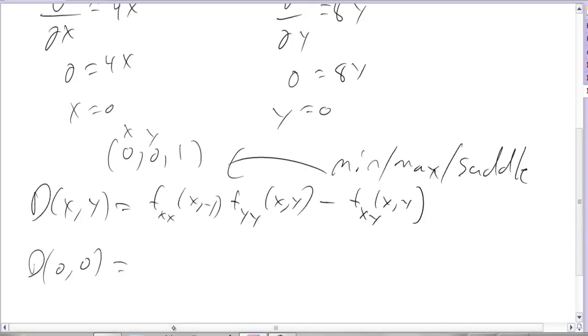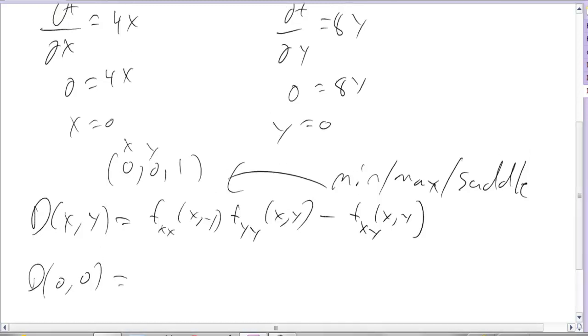So now I need second derivatives. The second derivative of f with respect to x, we can see if the first derivative, df dx, was 4x, then the second derivative would just be take the derivative of that, which would just leave us with 4.